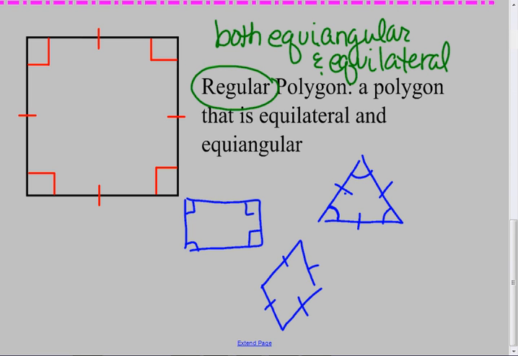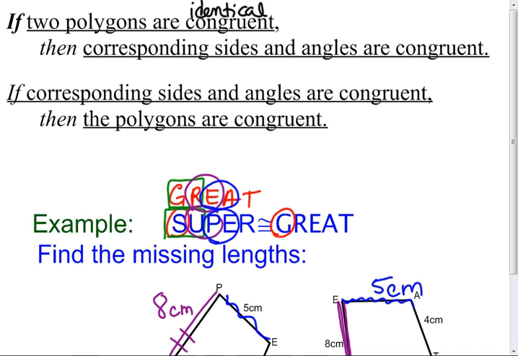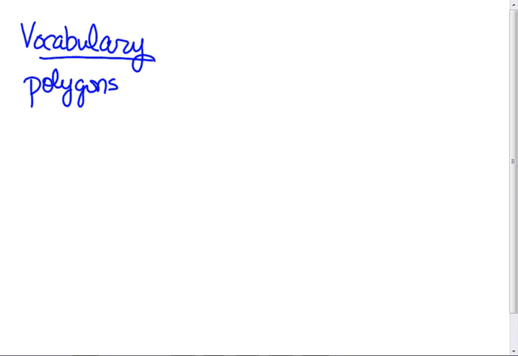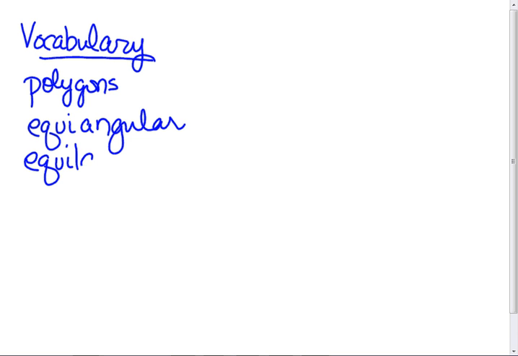Okay? So now we'll do the vocabulary, because I messed up here. Polygons, we have equiangular. It just might help you. That's the reason why I decided to write this down. It might help you to see all the vocab we did. We had equilateral. Let's see. We had regular.